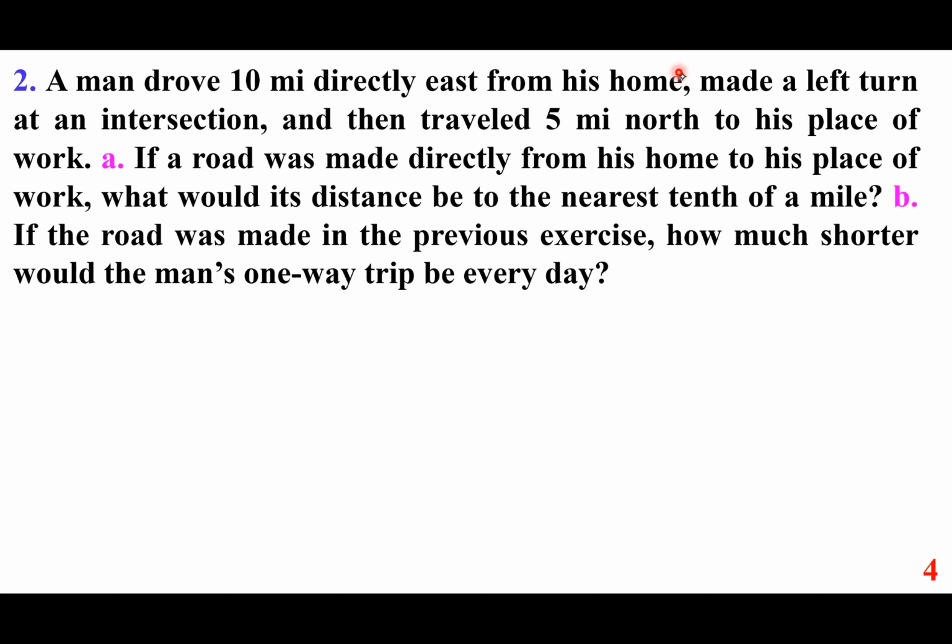Class, anytime we have a word problem, it helps to do the drawing to see what's happening, if that's possible, or in any event, we have to translate this mathematically so we can follow that. So we're going to go this way, eastward, 10 miles.